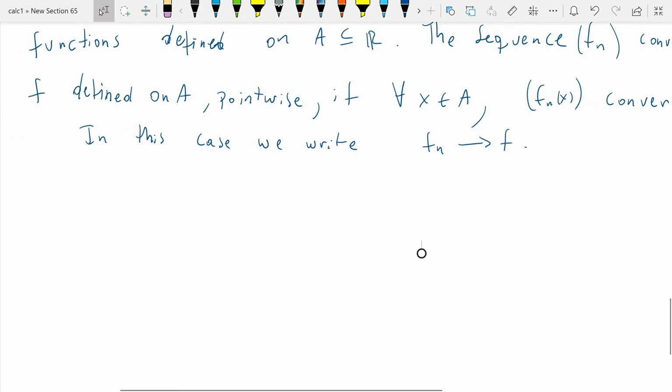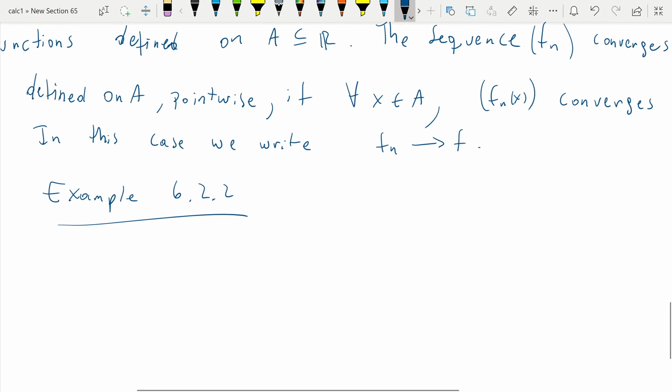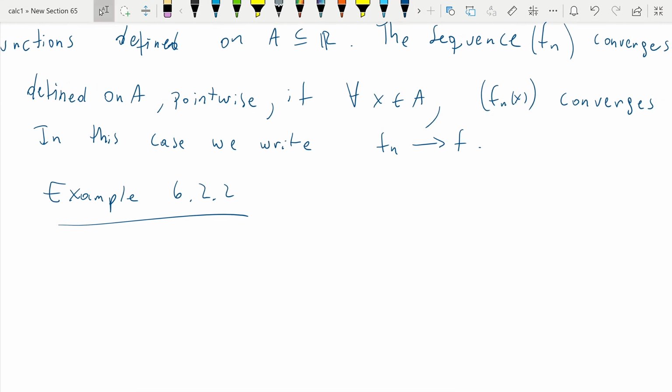Let's use some example from the book. It's going to be good later on when we discuss the uniform convergence.